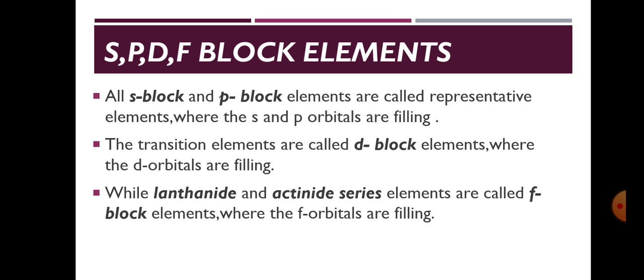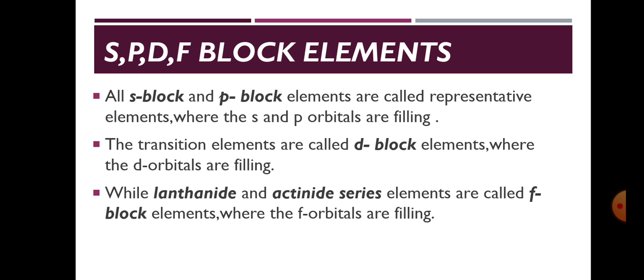Then second, the transition elements are called the d block elements. Now what is the d block element? It is where the d orbitals are in progress, or electrons are filling the d orbitals. Then lanthanides and actinide series elements are called f block elements, where the f orbitals are filling.